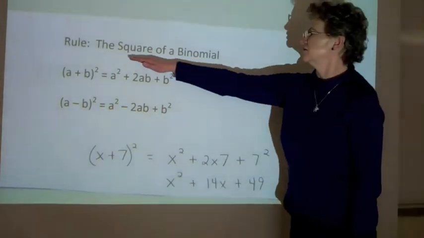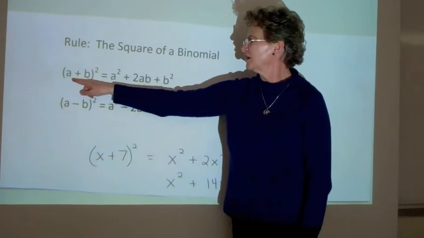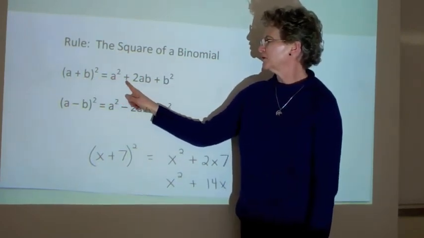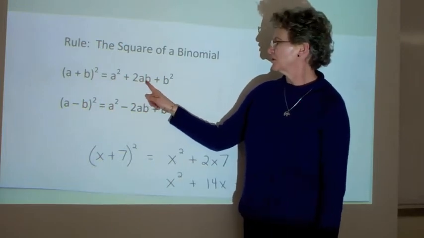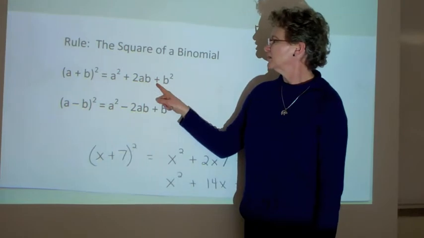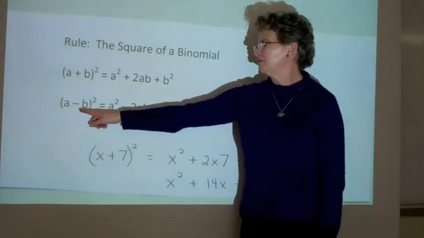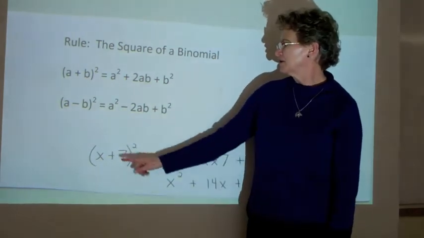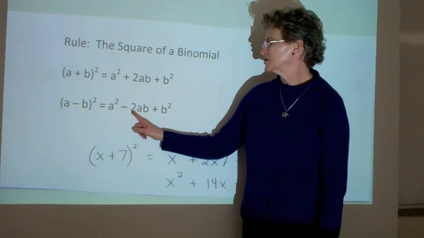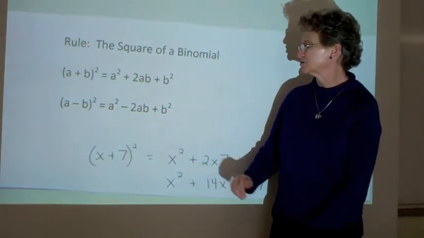The rule is the square of a binomial, which states if you have a plus b squared, that is equal to the first term squared plus 2 times the product of the two terms, so a times b, plus the second term squared. When you have a minus b squared, that is equal to the first term squared minus 2 times the product of the two terms plus the second term squared.